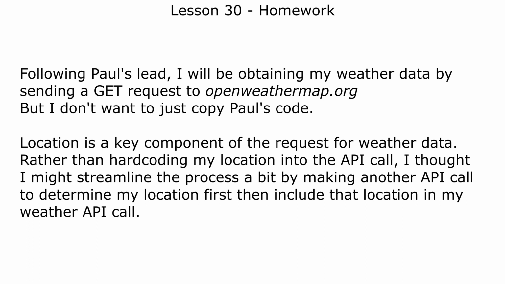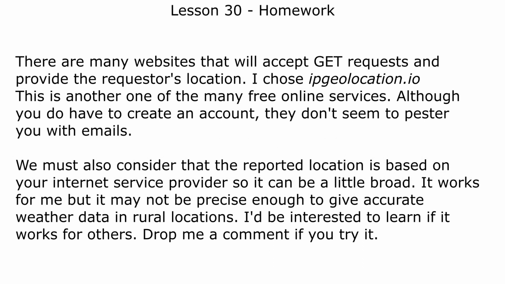I wanted to make it different or informative somehow, so I decided, since location is a key component of the request for weather data, rather than hard coding my location into the API call, I thought I might streamline the process a bit by making another API call first to determine my location and then include that location in the weather API call. There are many websites that will accept GET requests and provide the requester's location.